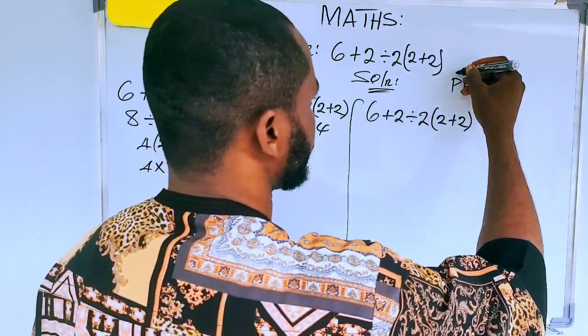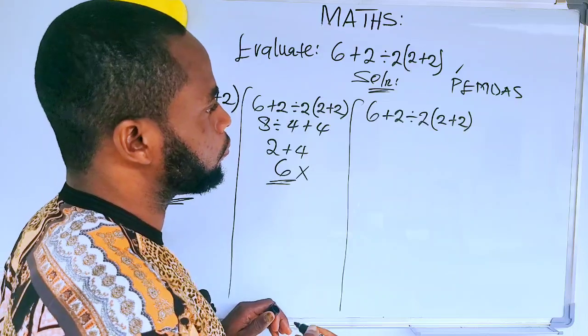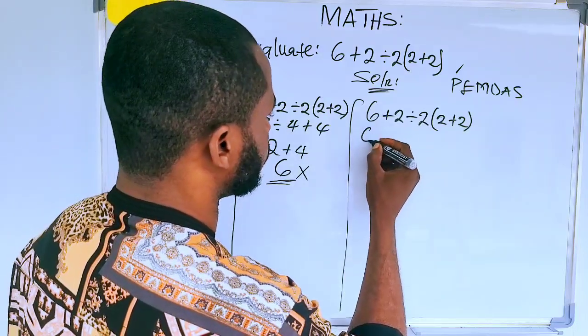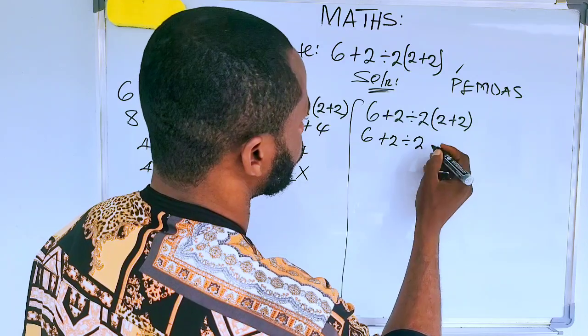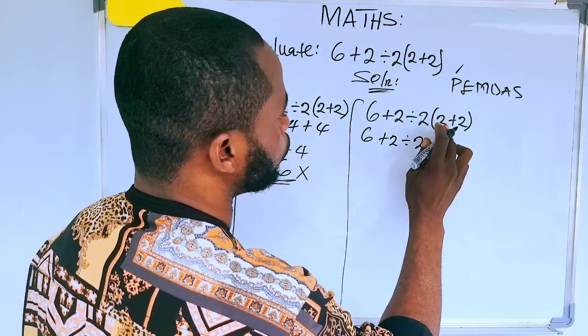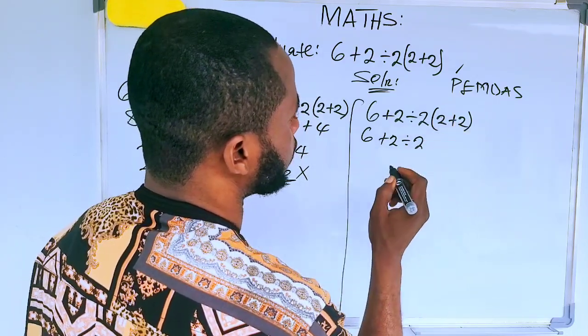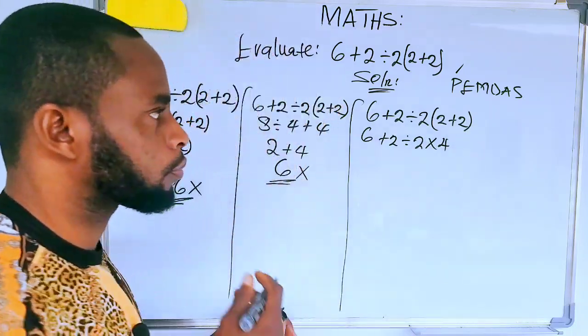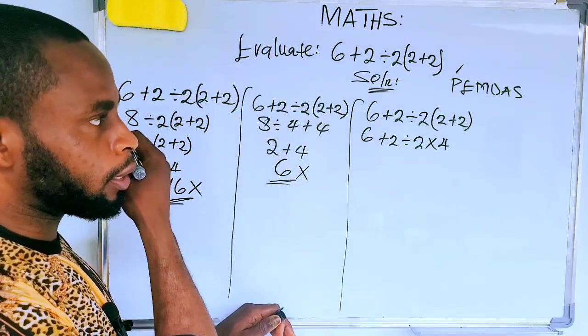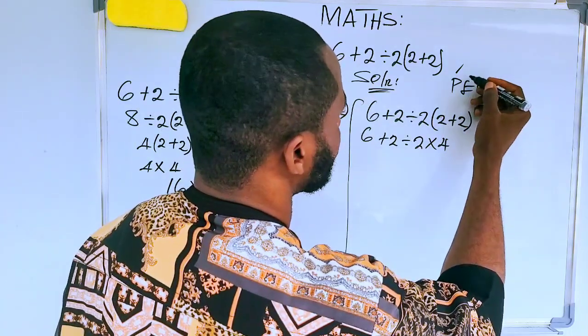We have the parentheses. Now, here we are going to have 6 + 2 ÷ 2 × (2 + 2). Here 2 + 2 gives 4. Then this is multiplication. Now here, we have no exponent.